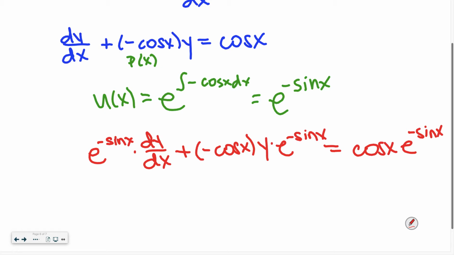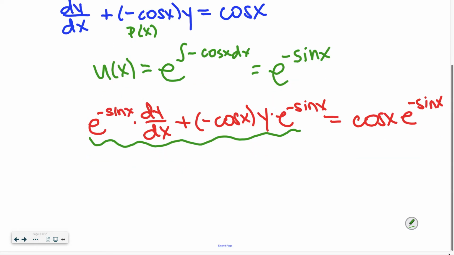I multiplied everything from our standard form by our integrating factor. And you are always looking right here for the product rule.